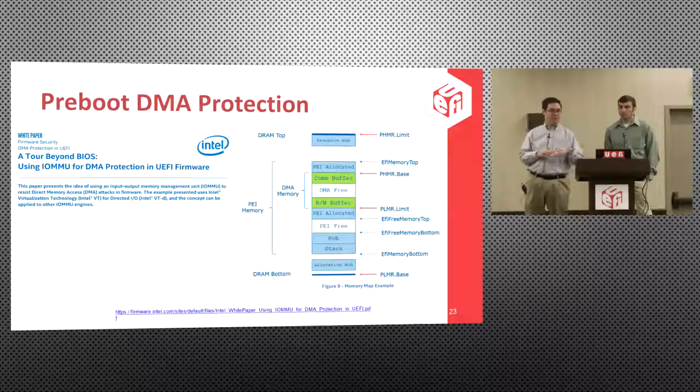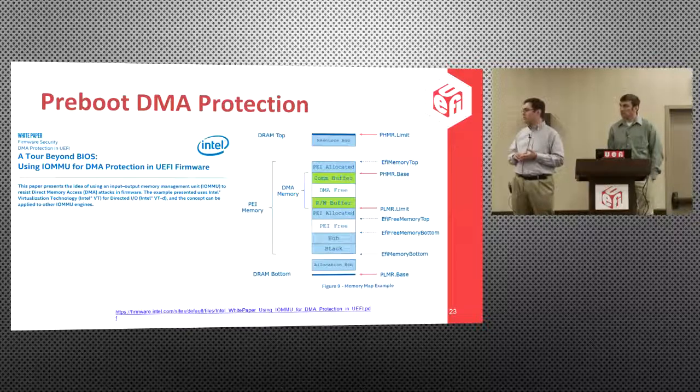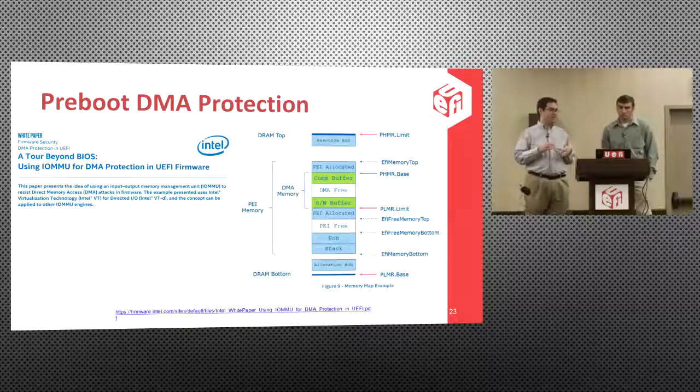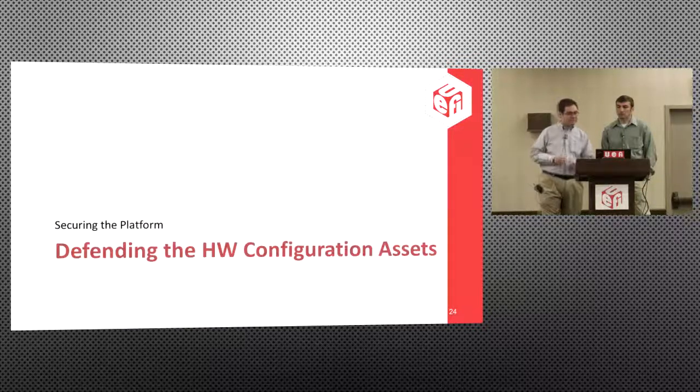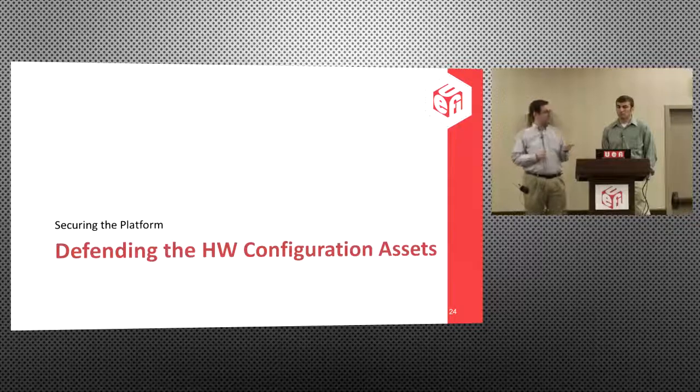We have a white paper that describes how this works. It's really all about trying to prevent these other access vectors from getting execution early enough, before you've locked things down, before you've done all of the setup that needs to happen to have the system be in a secure state.